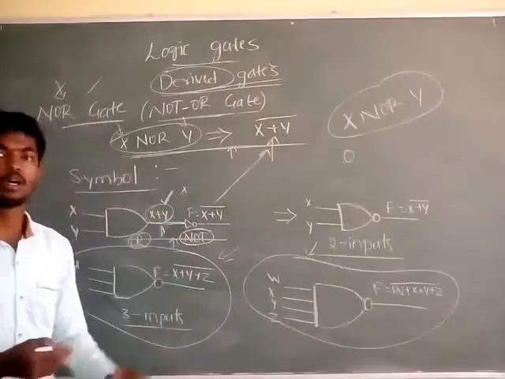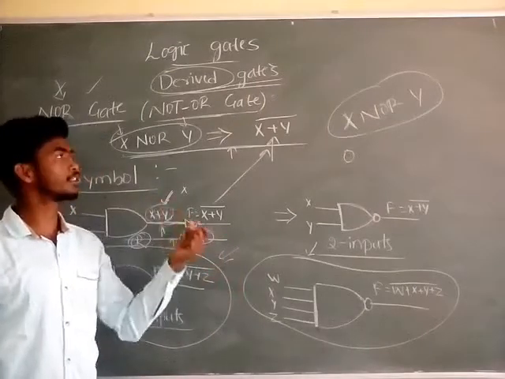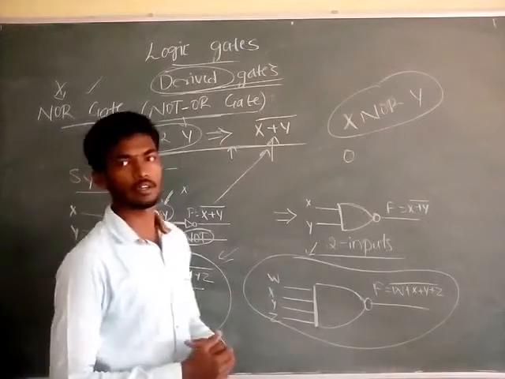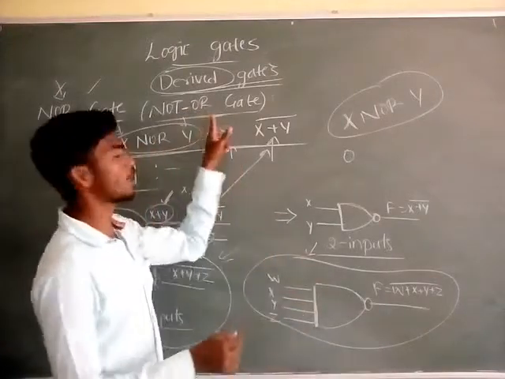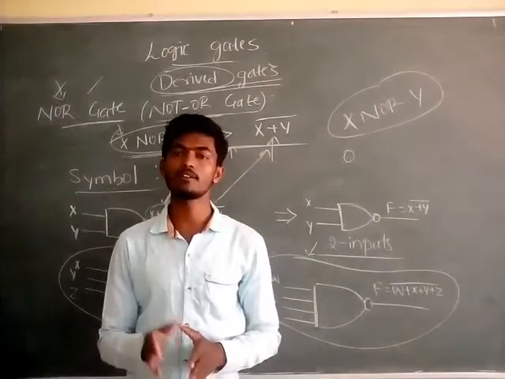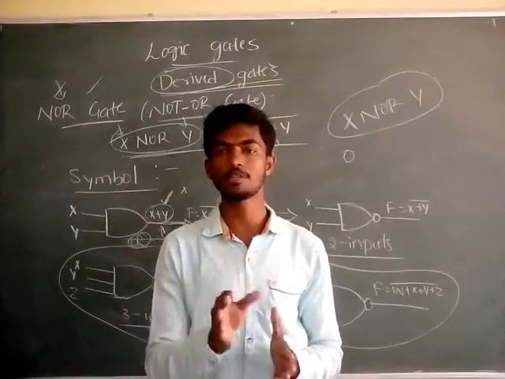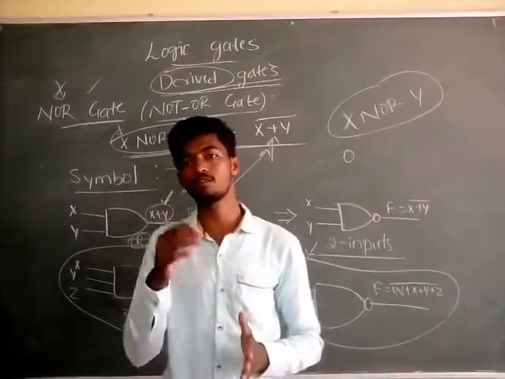This is the first derived gate, the NOR gate, which is also called an inverted OR gate or NOT OR gate. The result of the NOR gate will always be the inverted result of an OR gate.